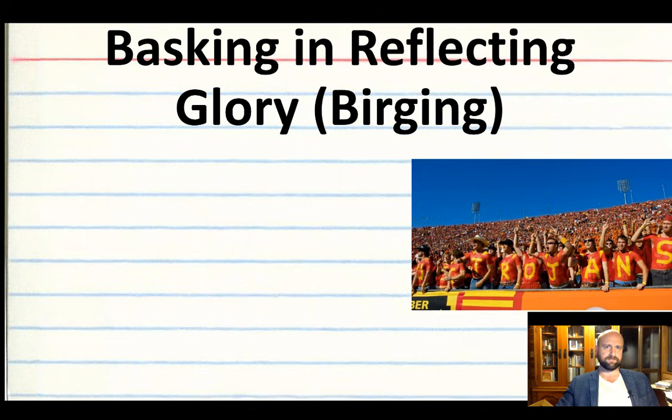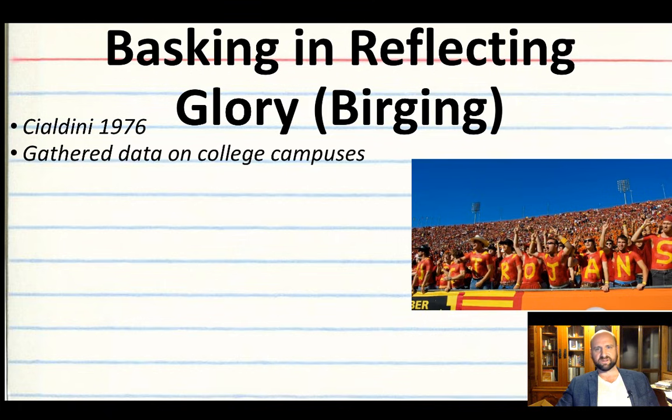Another study, basking in reflected glory, also known as BIRGing. This was Cialdini in the 1970s. They gathered data on college campuses. On the Saturday, they have the college football game, and they would find out whether the college team won or lost. And on Monday, they would have someone sit in the lecture theater and simply count how many people wore college sweaters or t-shirts or apparel that had the college name on it.